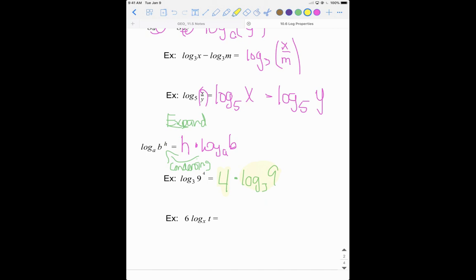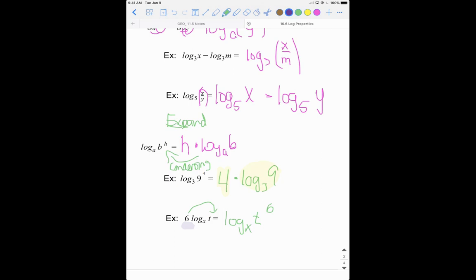The next one we are going to be condensing. Notice we have this number out front. And in order to condense, that number out front has to turn into that power up top. So this one condenses into log base x of t to that 6th power. And that's condensed.